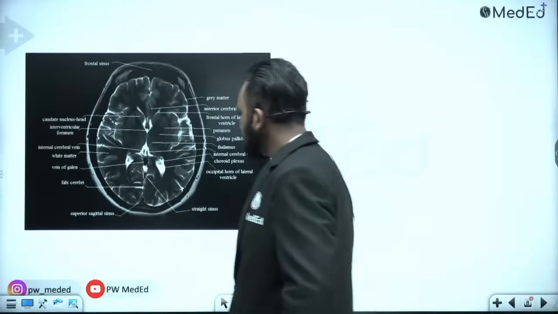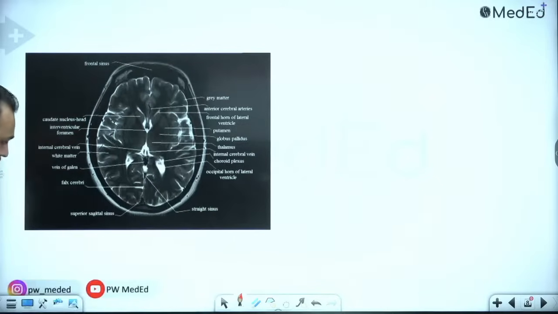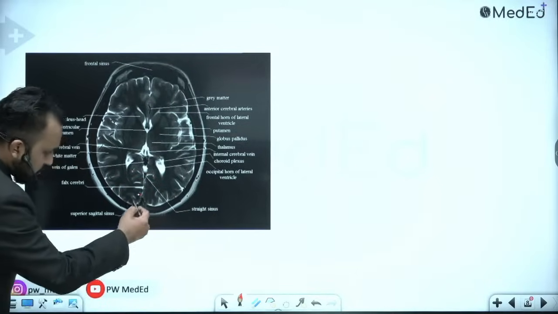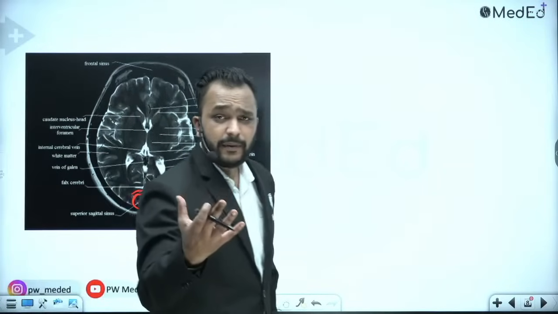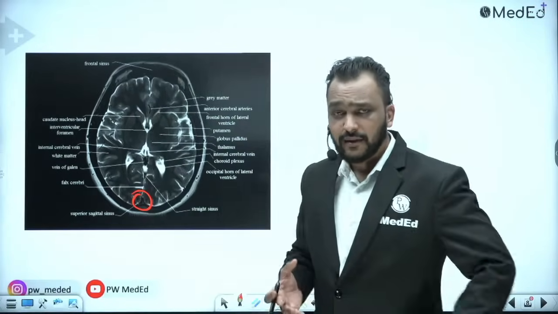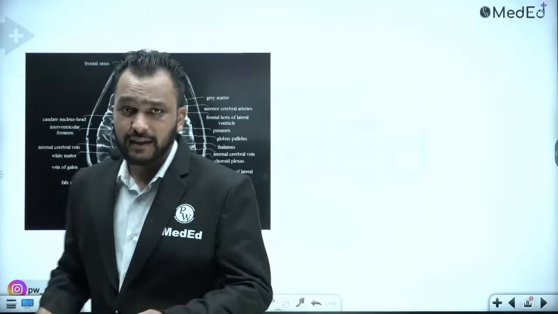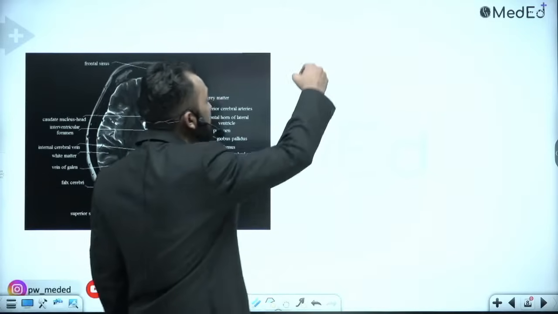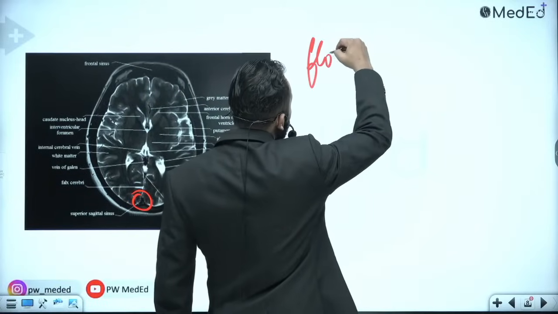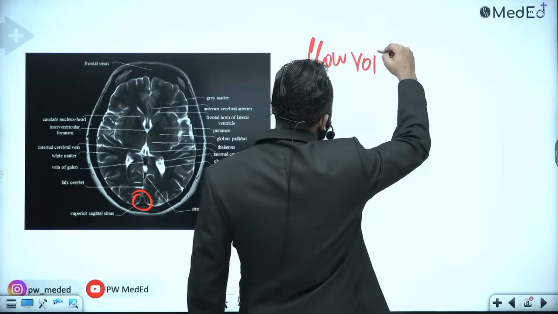Moving on to the other structures, let us see. This is your superior sagittal sinus. Remember all the vascular structures, whether it is your anterior cerebral artery, superior sagittal sinus, or inferior sagittal sinus, all these will appear as flow voids. Flow voids means they will appear dark.